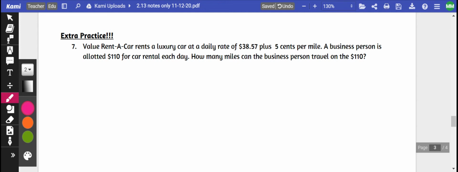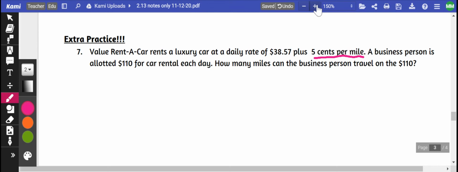So number 7 says, Value Rent-A-Car rents a luxury car at a daily rate of $38.57 plus 5 cents per mile. All right, this right here will tell us the per is what we're going to use with our variable.